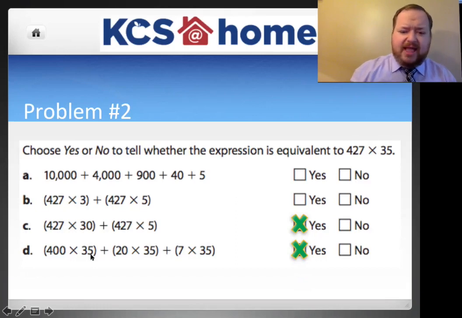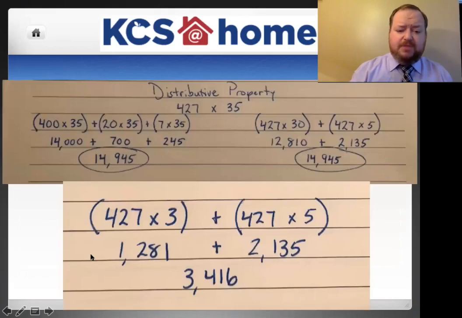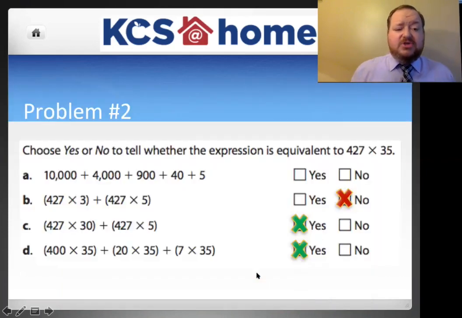So I went ahead and used my distributive property again, like they've written out, and I found my answer. So I took 427 times 3, 427 times 5, but this time my answer was 3,416, which is not the same as the two answers I got up here. So letter B is not going to be equivalent. It is no.